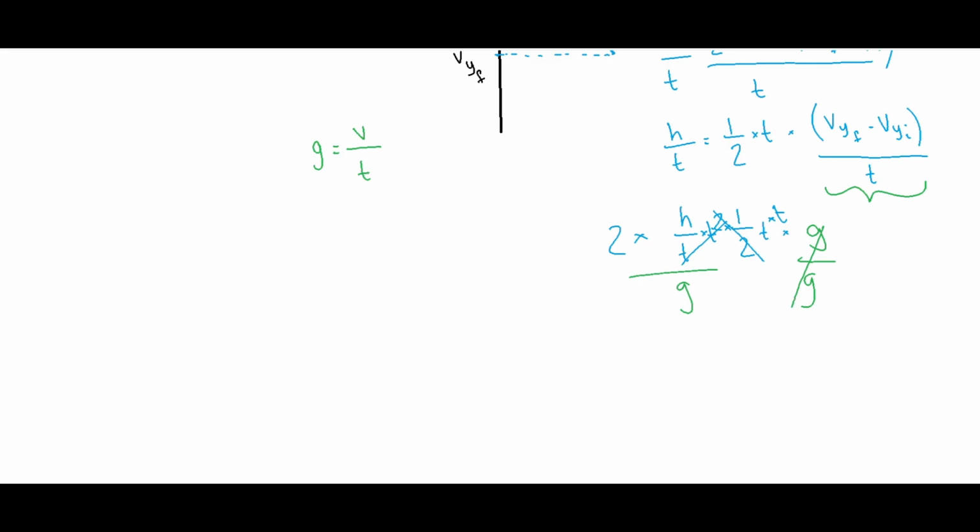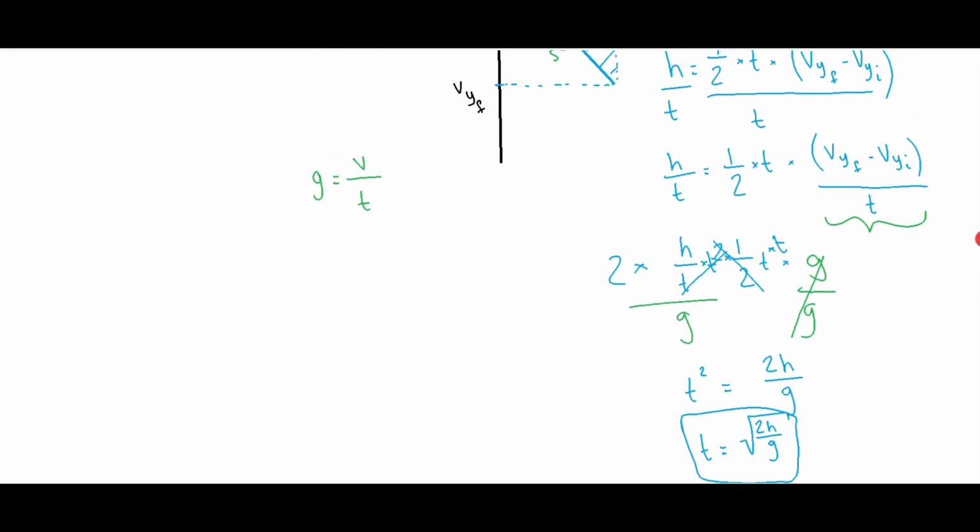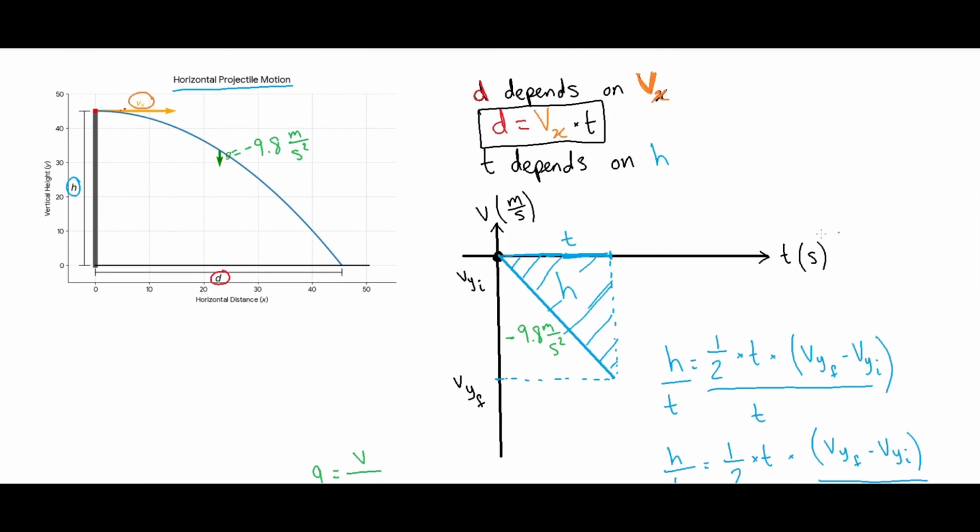So now that cancels out, and that leaves us with t squared is equal to 2h over g. And so now when we take the square root to solve for t, you get t equals the square root of 2h over g.